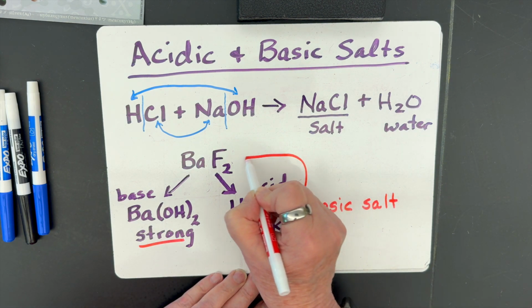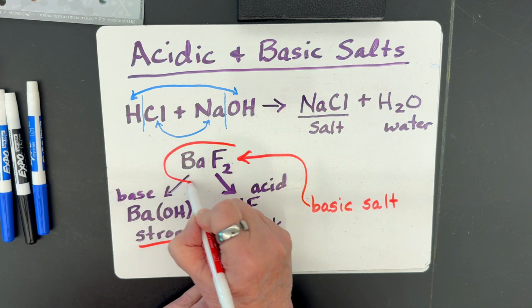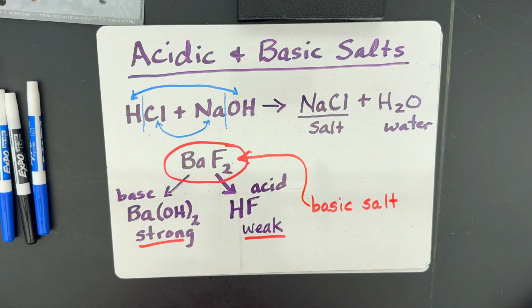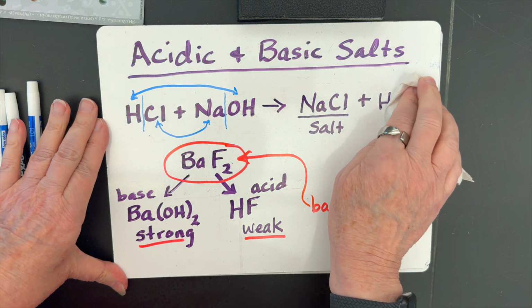So this salt right here is a basic salt. We're going to work some more examples. You may want to pause the video for each one, and see if you can figure out whether it's a strong acid, strong base, and what type of salt you get from it. After that, you can hit play and check your answers.